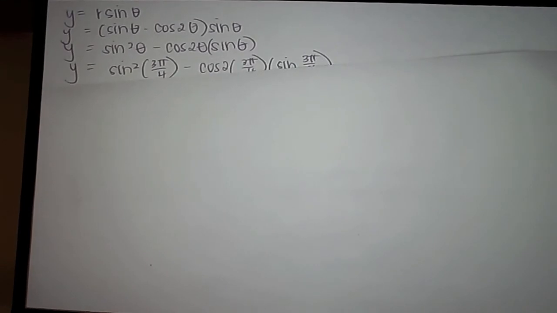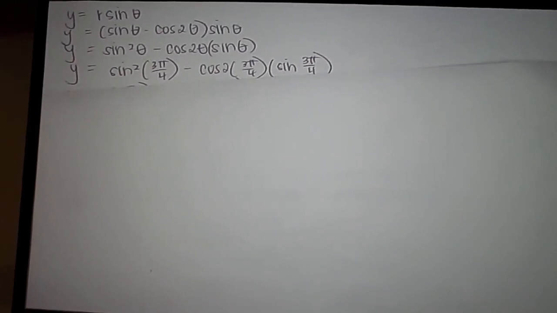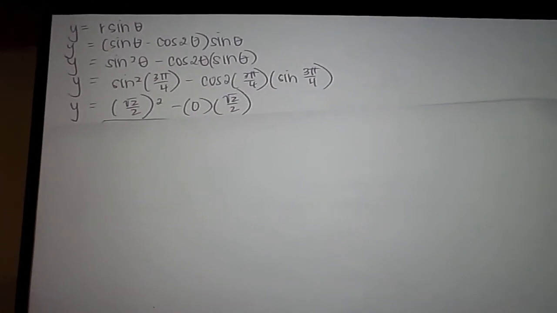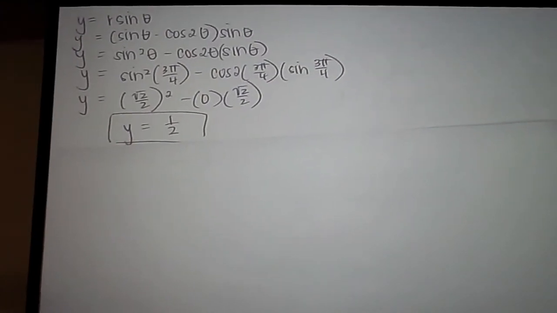Then we plug in the theta of 3 pi over 4, and sine squared 3 pi over 4 minus cosine 2 times 3 pi over 4 times sine 3 pi over 4, which leads us to radical 2 over 2 squared minus 0 times radical 2 over 2, which will give us y equals 1/2.